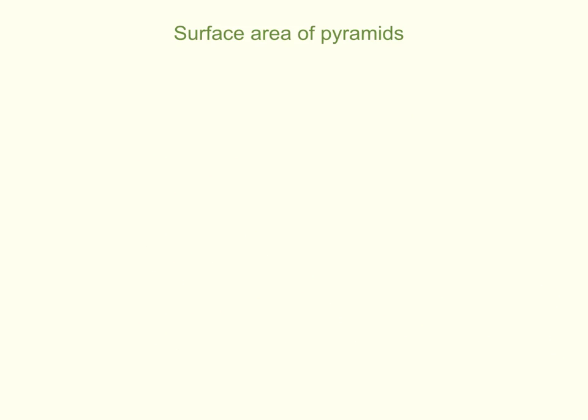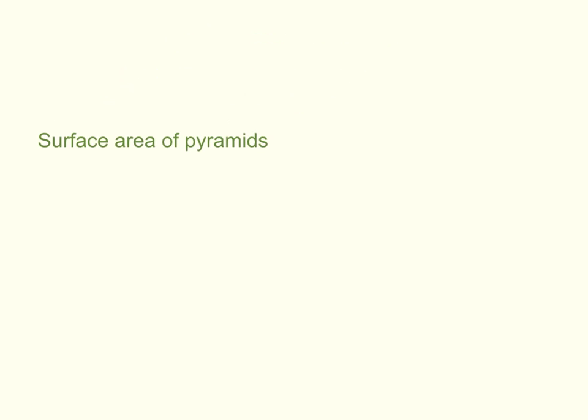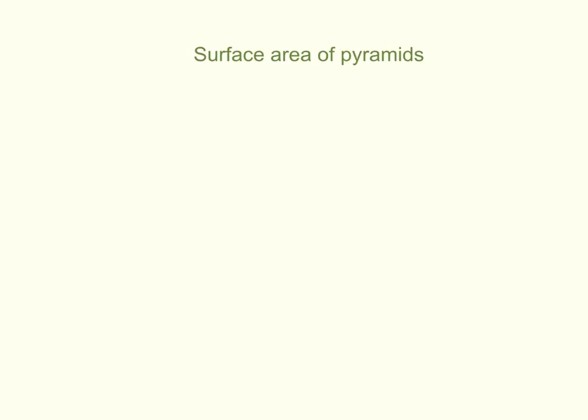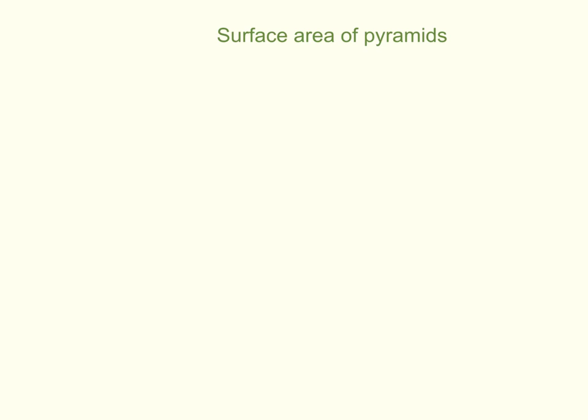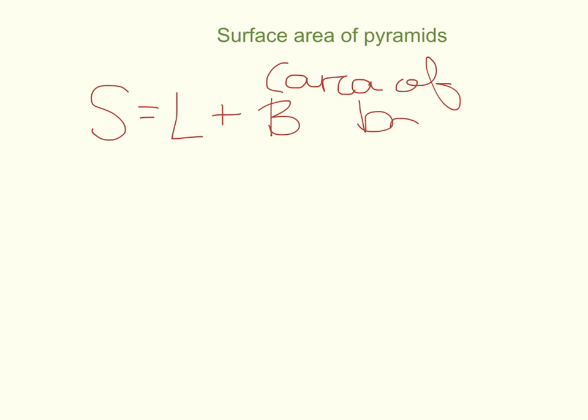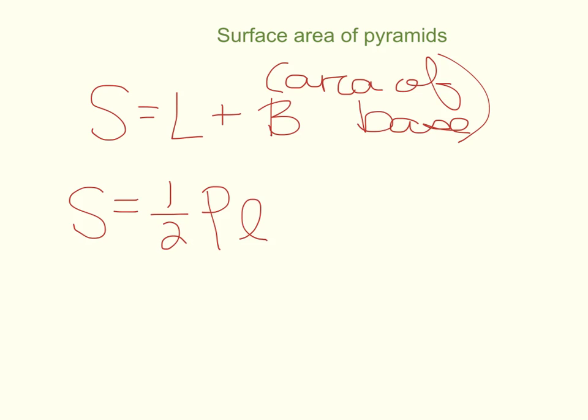Now, just like we did in previous sections when we were finding the surface area of prisms, the lateral face is important. The surface area formula is surface area equals L plus B, which is the area of the base. For pyramids, our L is 1/2 the perimeter times the slant height, plus big B, which is the area of the base.